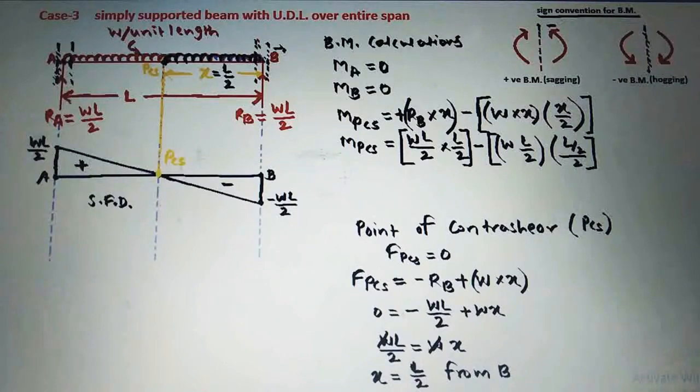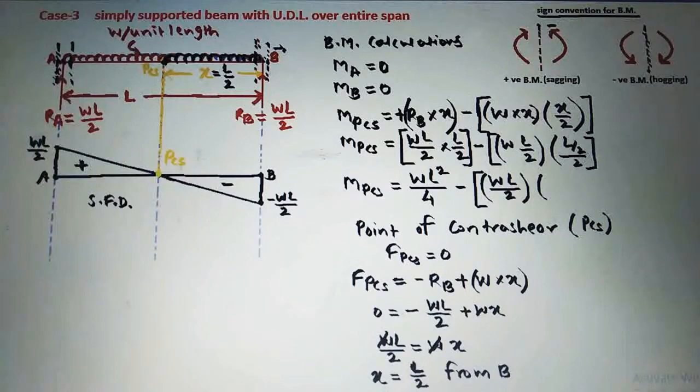Next we will do the calculations here. So bending moment at point of contrast shear is equal to W into L into L. So it will be WL square divided by 2 into 2, 4, minus, in the next bracket we will write W into L divided by 2 into L divided by 2 into 2 will be 4, and we will complete this bracket here.